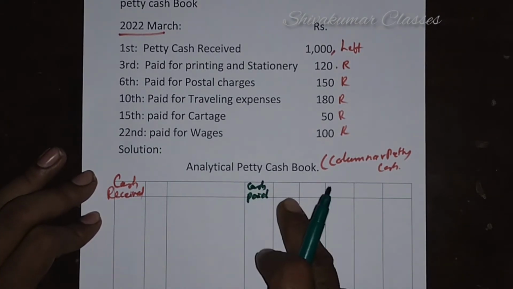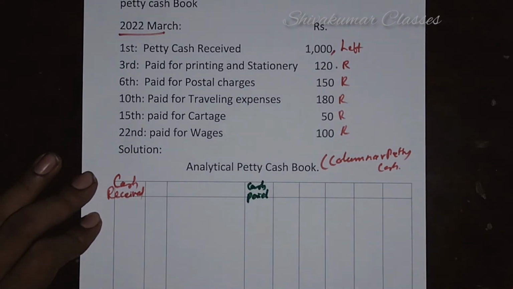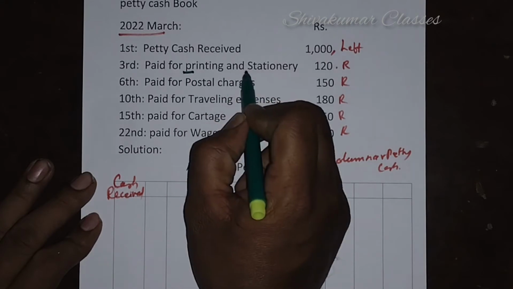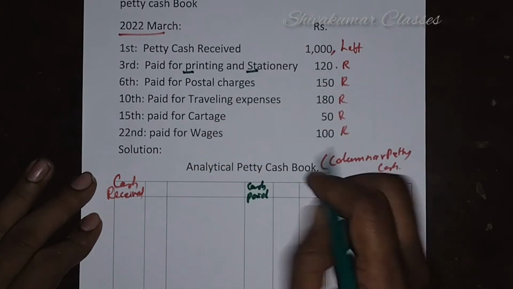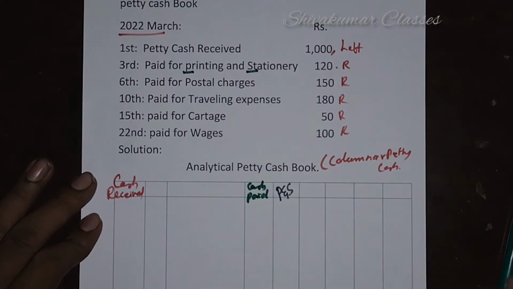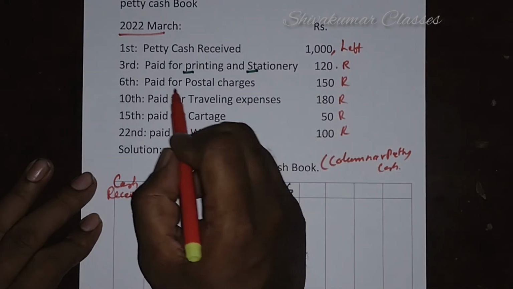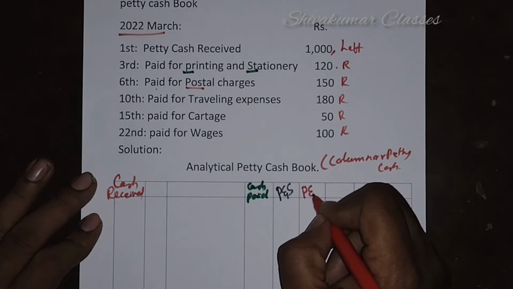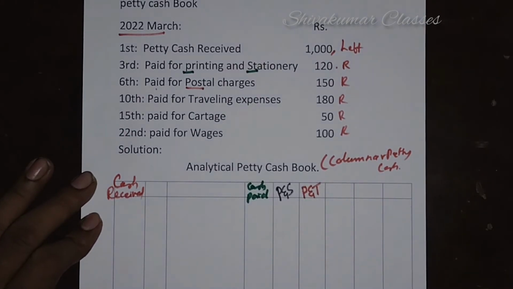Apart from that, we maintain some columns to know the individual expenses. First one is printing and stationery; let me write it in short as P and S. The second one is paid for postal charges, so let me record it as postal and telegram.